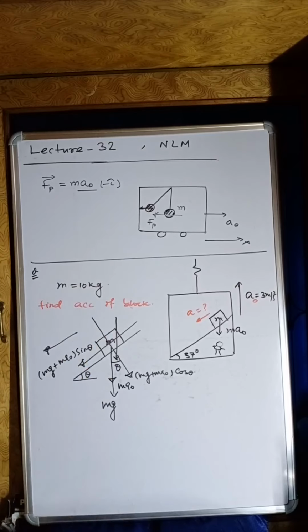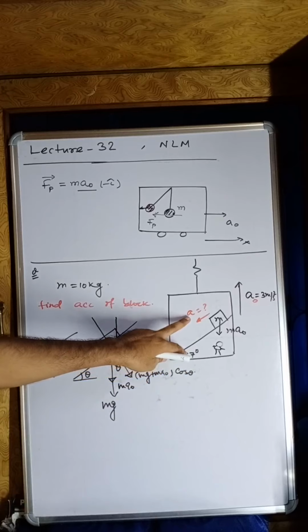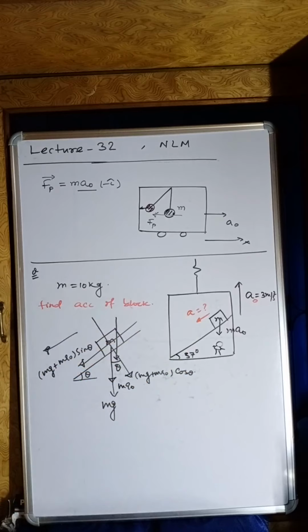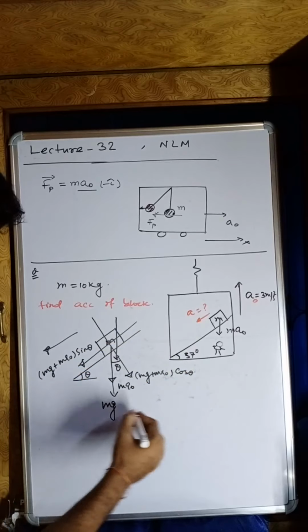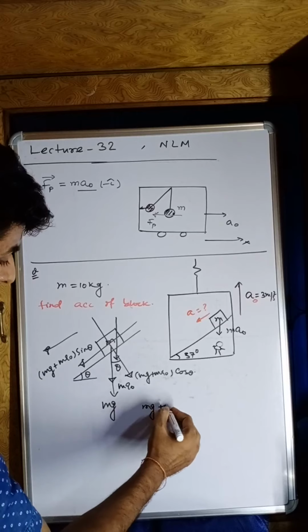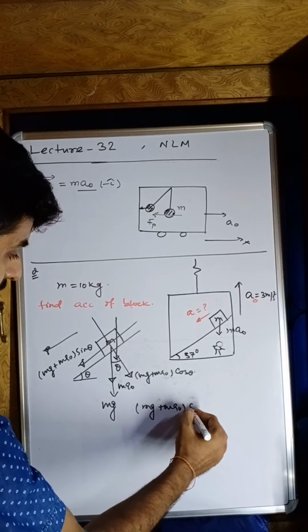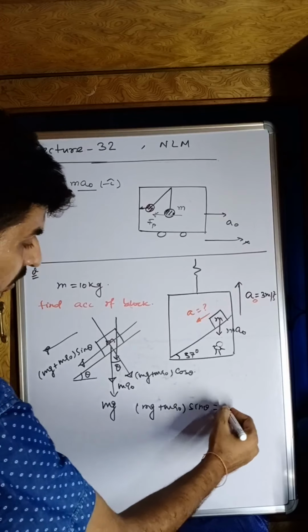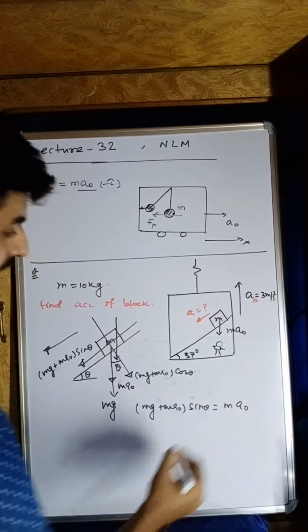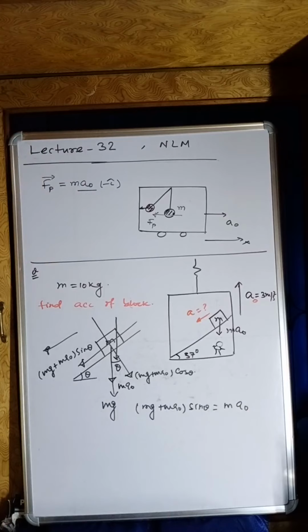So what we will write? With which acceleration it is moving down? We have considered it is moving down with an acceleration a. So we will write the net force (mg plus m a naught) sine theta is equal to m a.